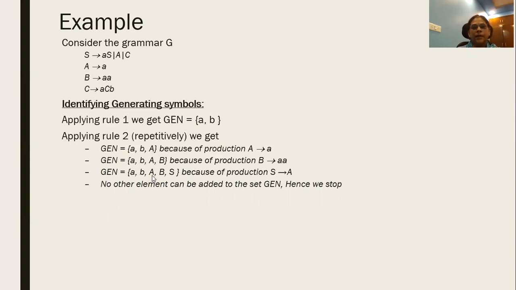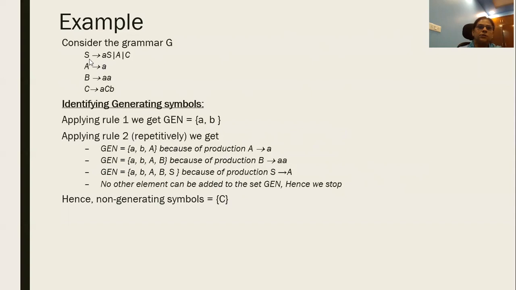Now, if you look at it, there are three variables in this set: A, B, and S. The missing symbol C is a non-generating symbol. So we perform a difference operation, V minus the generating set, and we get the symbol C. Since C is non-generating, all the productions involving C are useless productions and can be safely eliminated from the grammar without changing the language of the grammar.